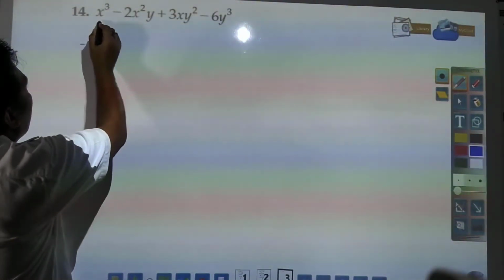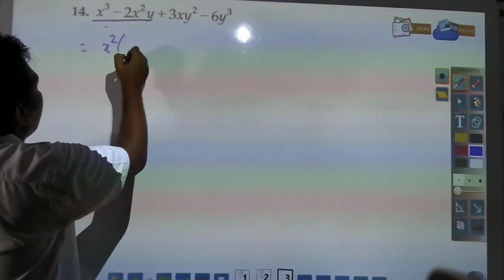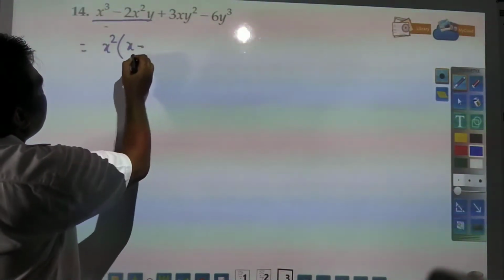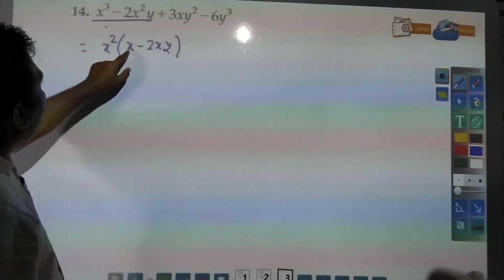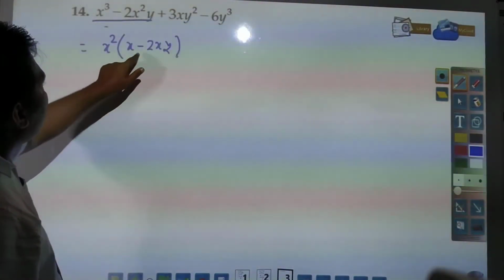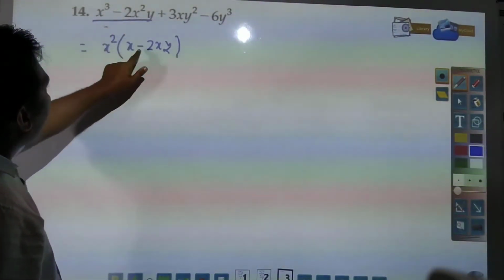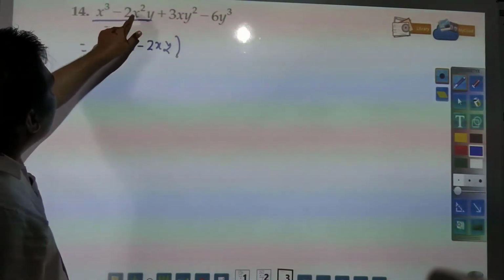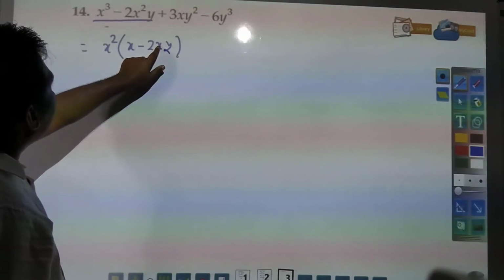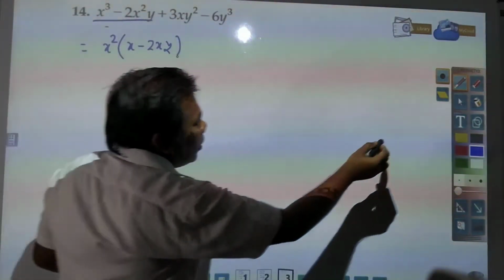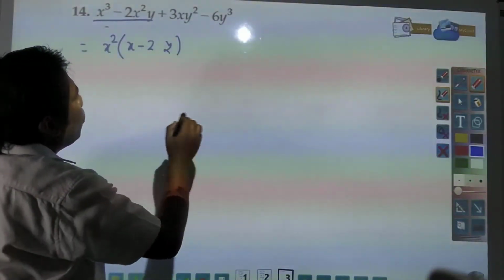So if you are taking out x square common from these both terms, you will be left with x minus 2y. If you are multiplying, what you will get? x square into x, x cube, x square into minus 2y, you will get minus 2x square y.